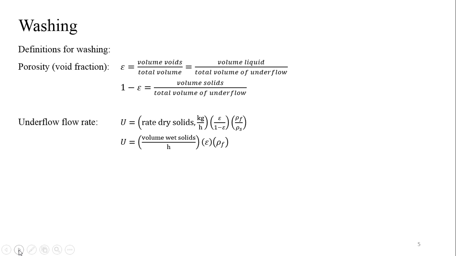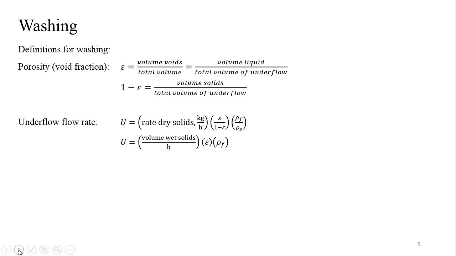And that's the volume of the voids divided by the total volume of the particle system itself. So we can use that to then describe, let's say, volume of liquid divided by total volume of underflow, or volume of solids divided by total volume of underflow.